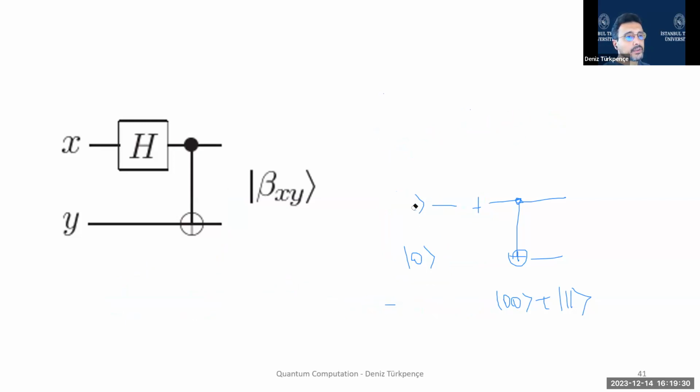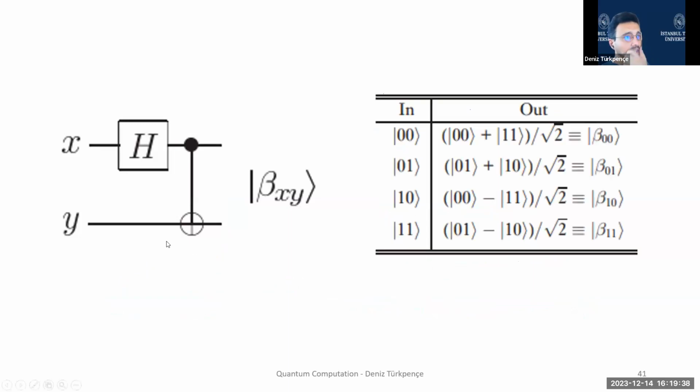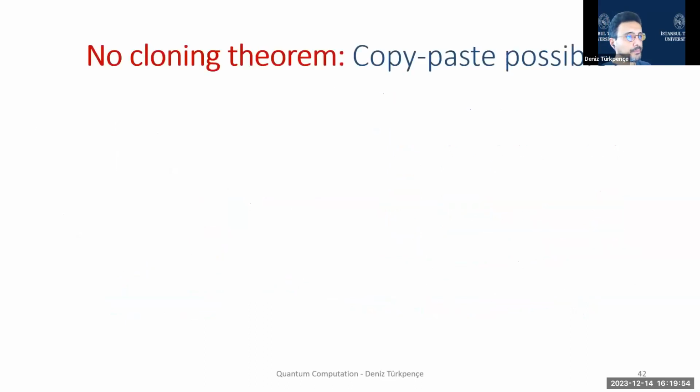In fact, this simple circuit is called a Bell state generator. And from these initial states, I obtain 4 different Bell states, just like the following. And you can do it yourself. It would be a nice and simple exercise for you.